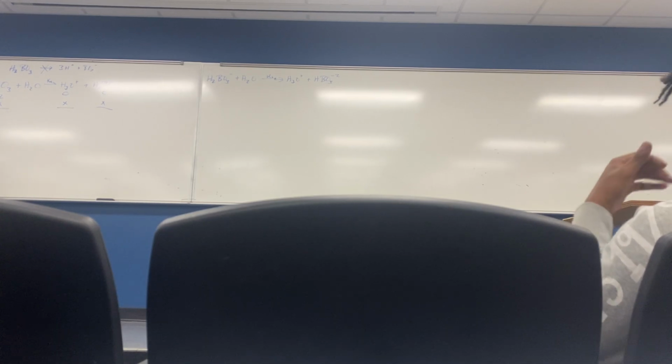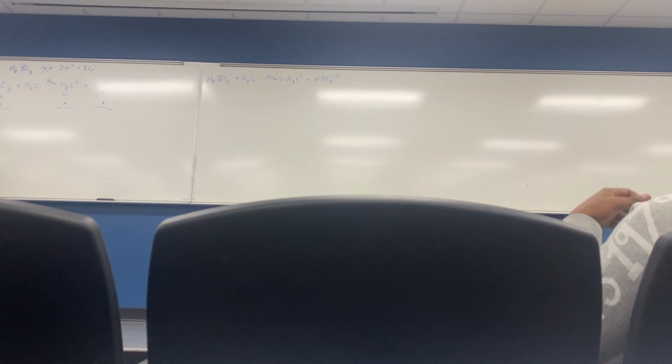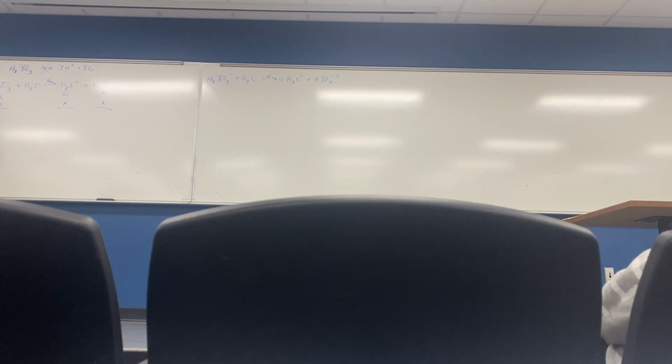So 10 to the minus 10.33, that's pKa, that's Ka, is equal to x squared over 0.2 minus x, but let's ignore the minus x. Let's assume that the x is going to be small. Okay? So when you solve for x, we get 3.06 times 10 to the negative 6.